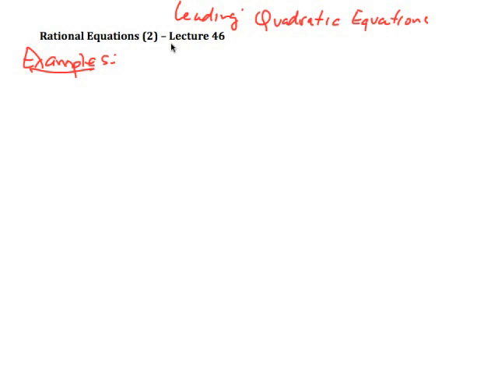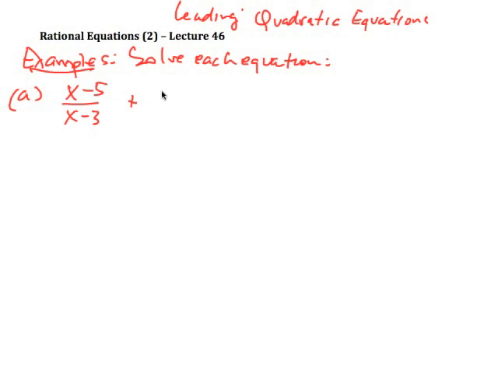Let's suppose we want to solve each equation. Part A: suppose I have (x - 5)/(x - 3) + 1/x equal to -7/(x² - 3x).